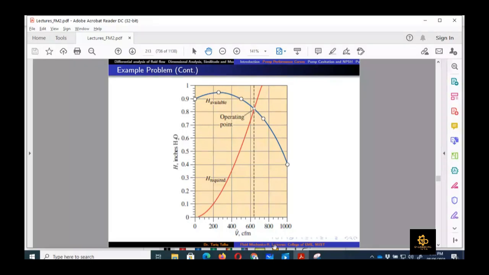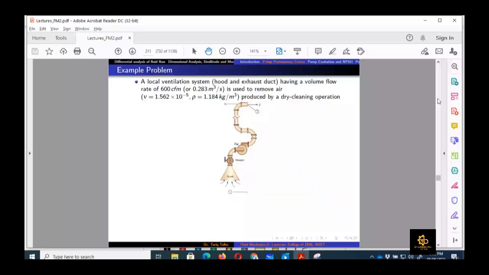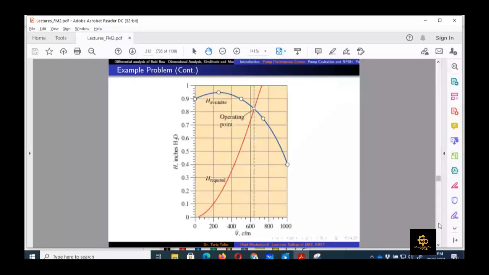So let's, for example, do the calculation at this point, 600 cubic feet per minute, just for the analysis sake.